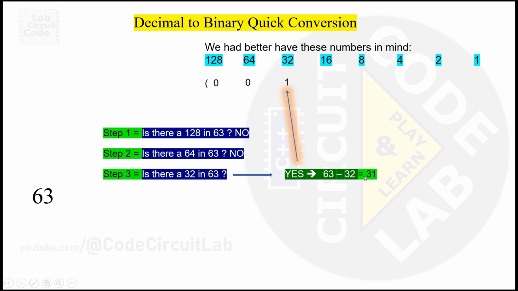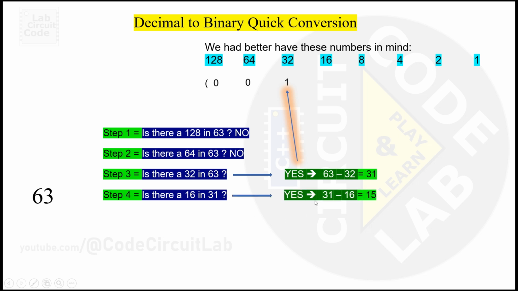Now we're left with 31, so we're checking 16 and 31. Is there a 16 in 31? The answer is yes. So we subtract 16 from 31 and we get 15. And because the answer is yes, we put another 1 under 16.